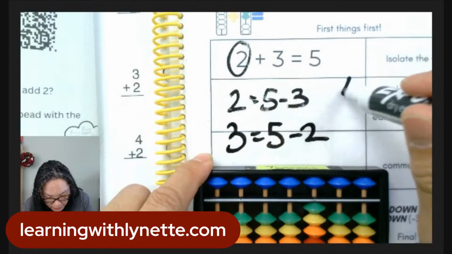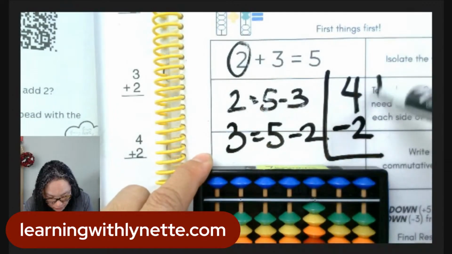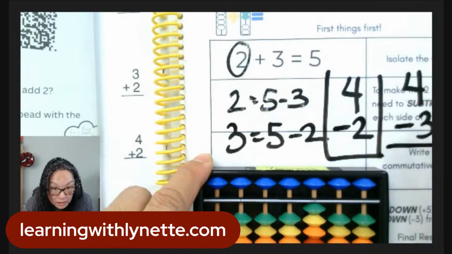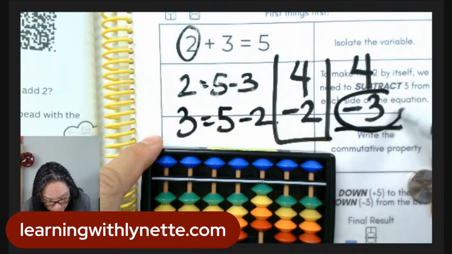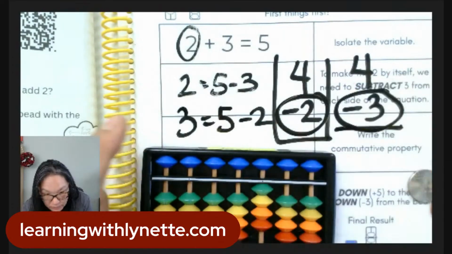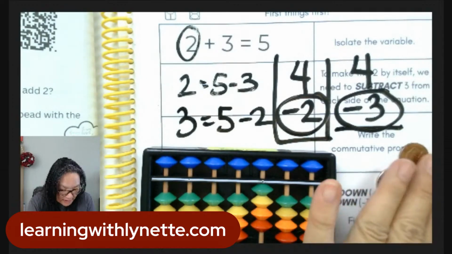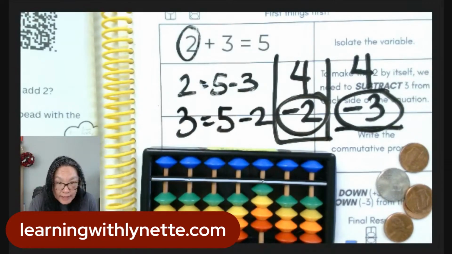If the question is 4 minus 2, right? Or 4 minus 3. Does that make sense? So it all depends on this thing right here. It's very similar, but not. It's a very subtle difference between the two.